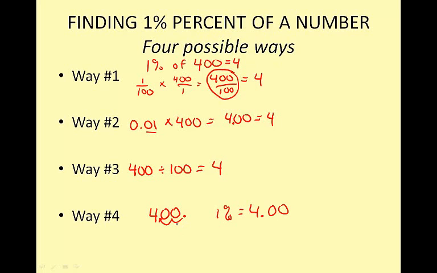I moved it to the left twice because I divided by 100. And when we divide by 100, the decimal moves 2 places to the left. So that is a little bit of a trick to see what is really happening visually, not mathematically, when we find 1% of 400.